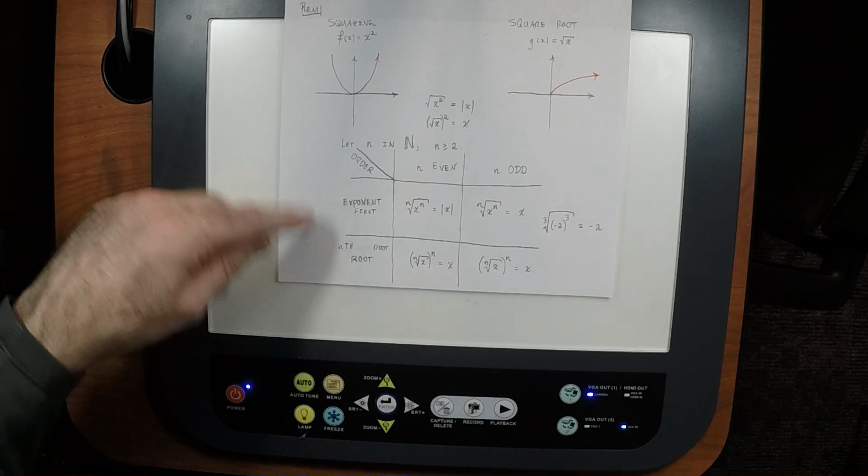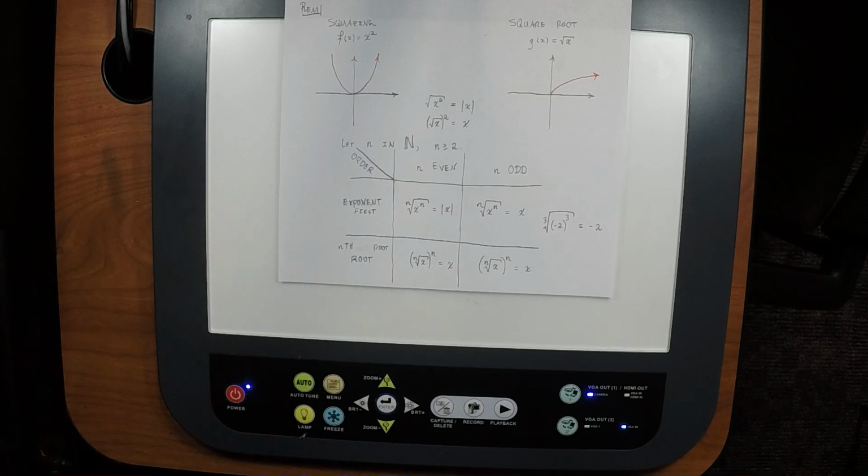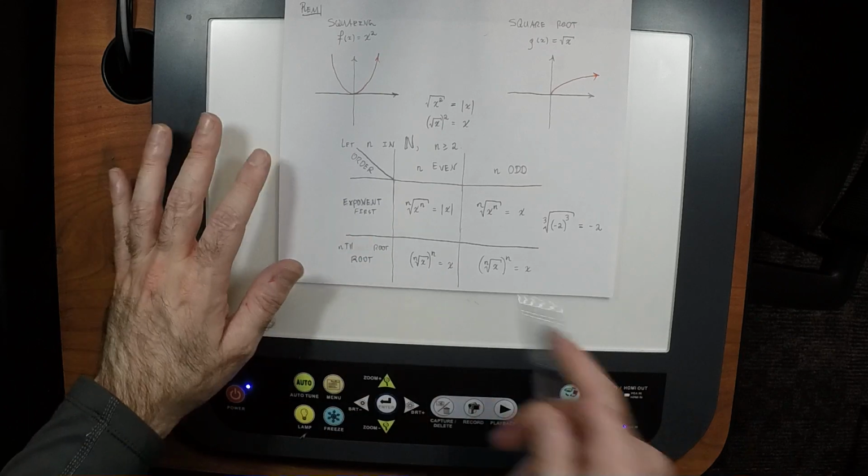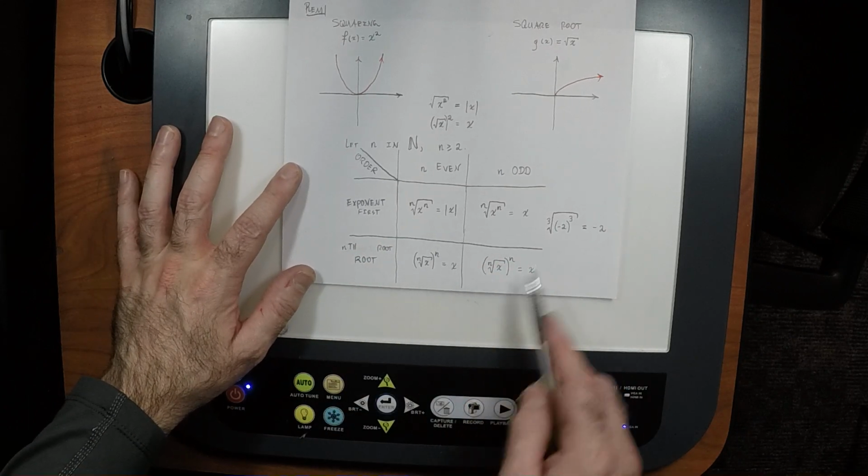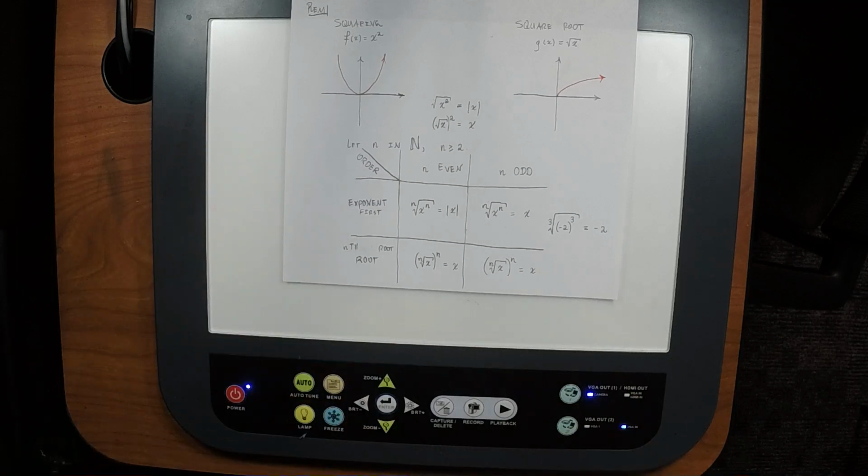So there's kind of like 4 possibilities, depending on the order that you do the exponent and the radical, and also whether or not the exponent and radical themselves are even or odd. And because there's 4 possibilities, and 3 out of the 4 are just x, to me that kind of is the reason.